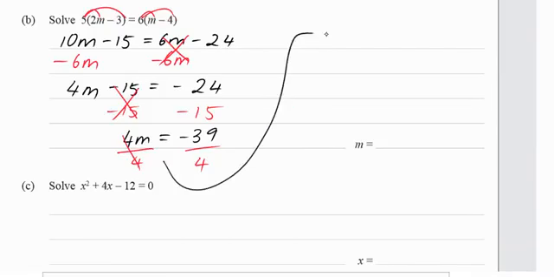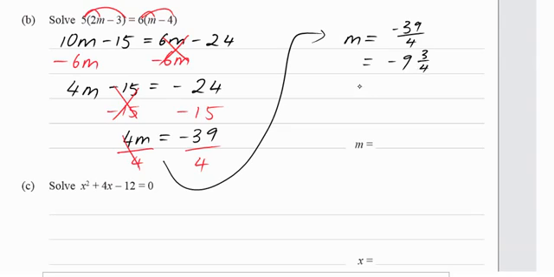I'm going to bring my working up here now. So I've got m equals negative 39 over 4. Well, because this is the CAT and there's no calculator, you can leave it like that. If you wanted to write it as a mixed number, you could think, how many times does 4 go into 39? In fact 4 goes into 39 9 times, so I've got negative 9, 3 left over, and we're dividing by 4.